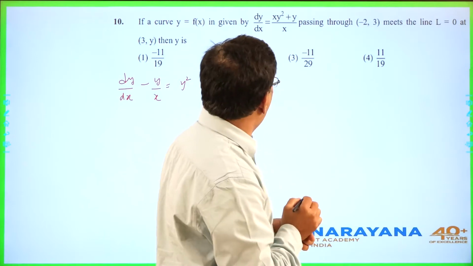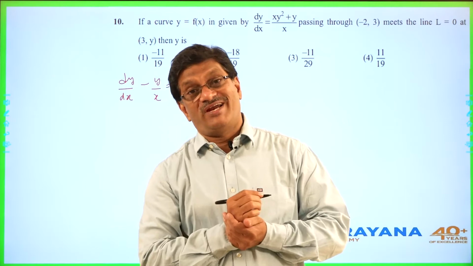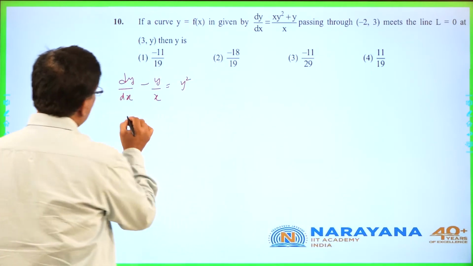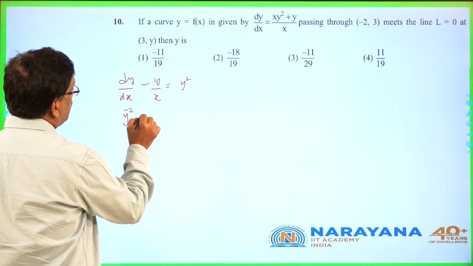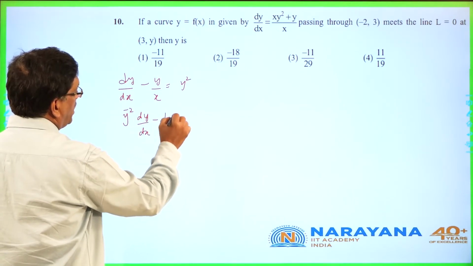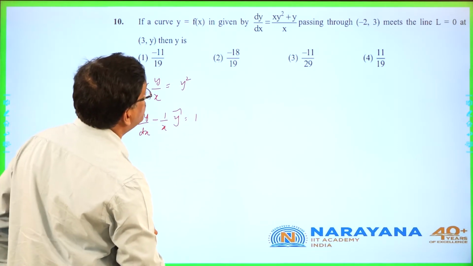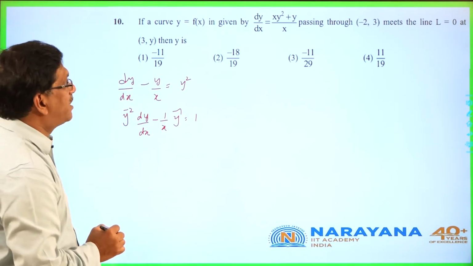Clearly we can say it is a Bernoulli differential equation because y square is there on the right side. So you can write this as y power minus 2 into dy by dx minus 1 by x y power minus 1 equal to this one, right?